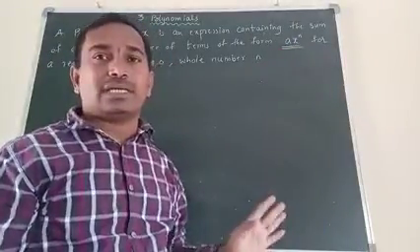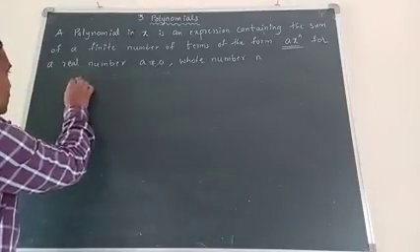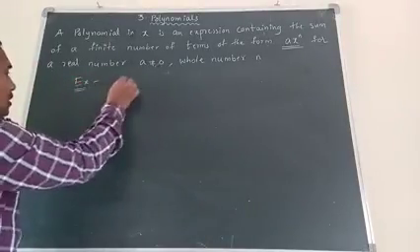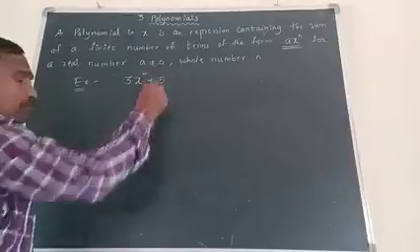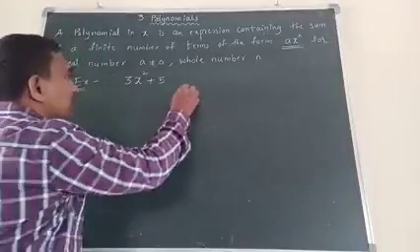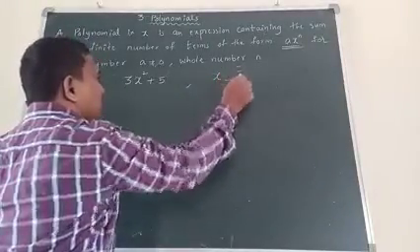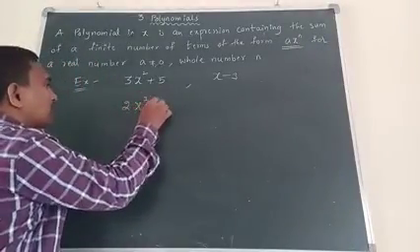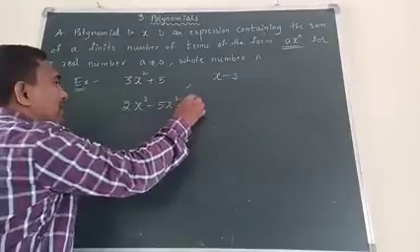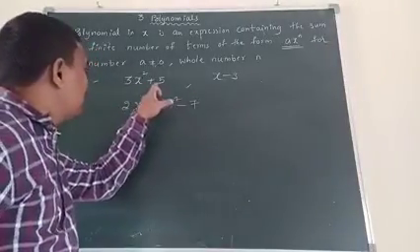For example, let us take some examples. 3x square plus 5, and x minus 3, or 2x cube minus 5x square minus 7. See, these are the sum of two terms.